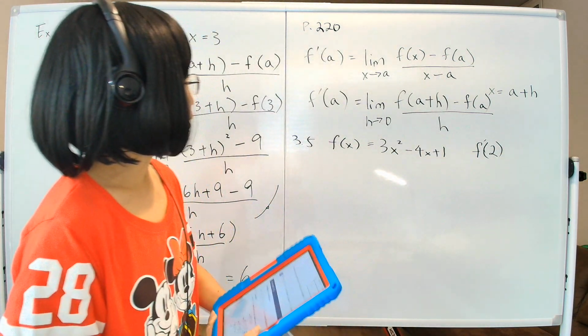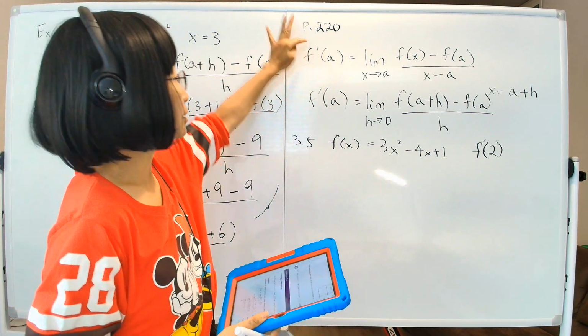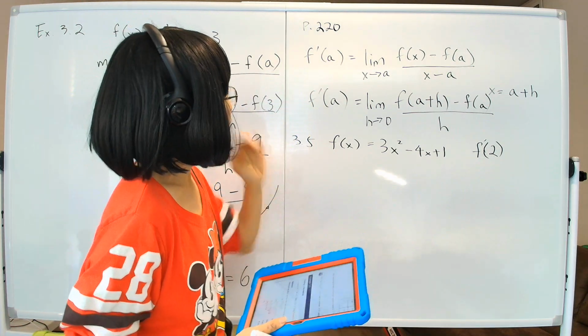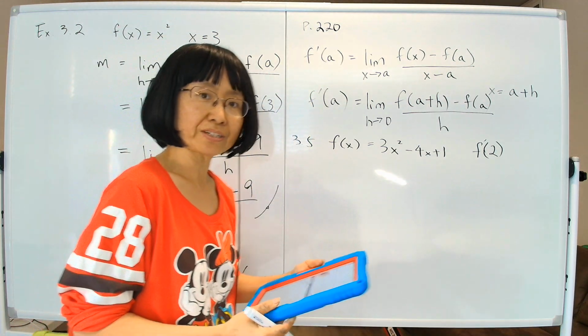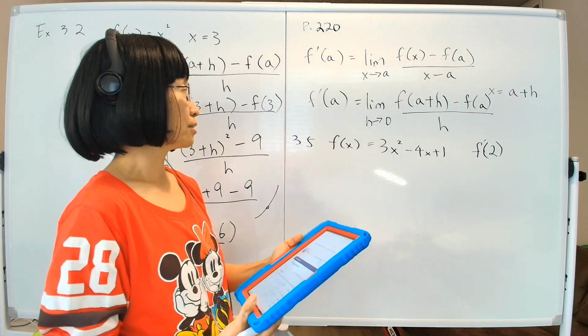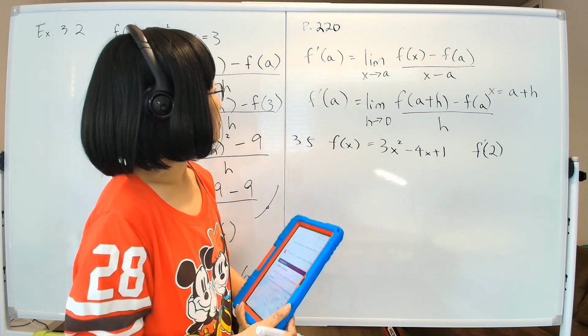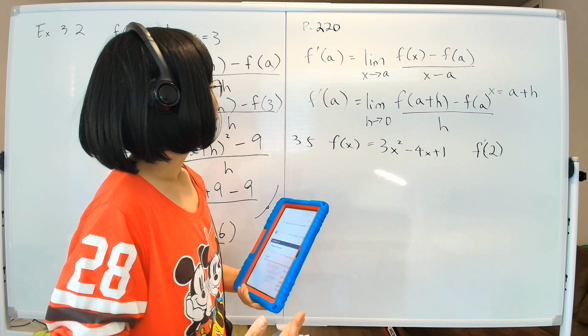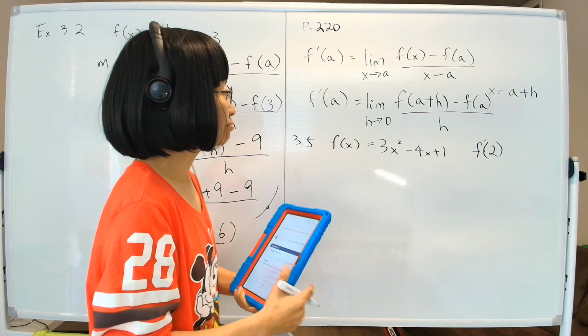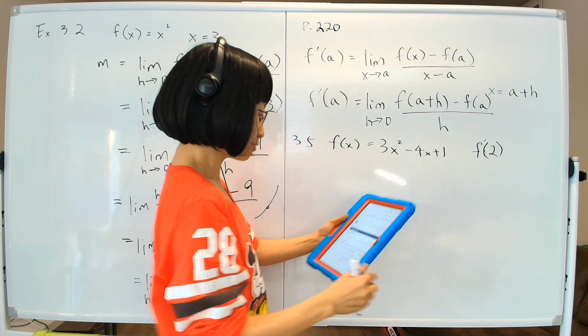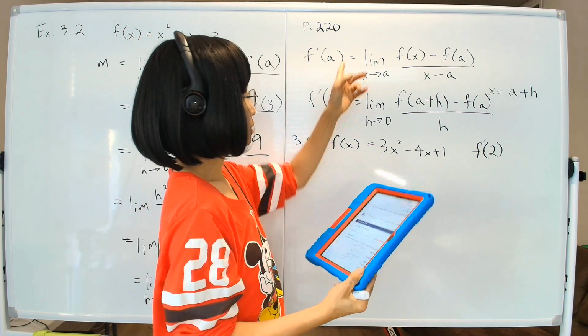Remember that I forgot to mention this thing here is called the prime. It's used to denote the derivative. It's not the only way to denote derivative, but for now we'll use that one. F prime of a. The point is, we will calculate the derivative, and we'll use the first formula.